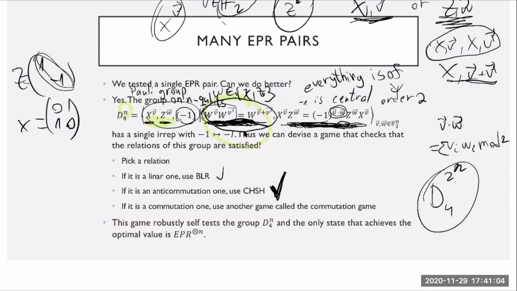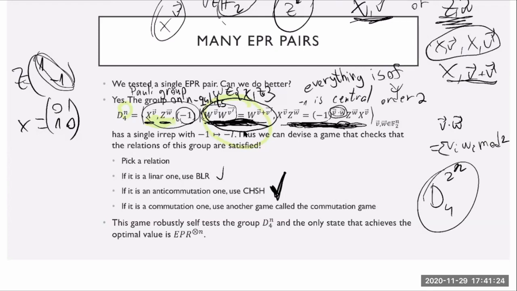This is the result. And the way they do it, I thought that I gave you more information about how they do it. They use representation theory of D4 to the 2 to the n, and they check relations. The game is based on checking relations out of this group.